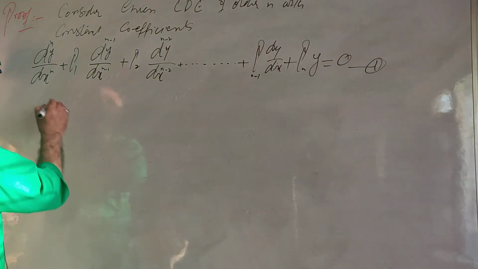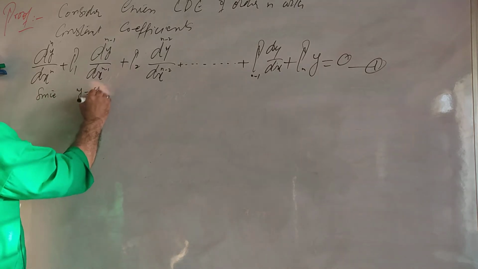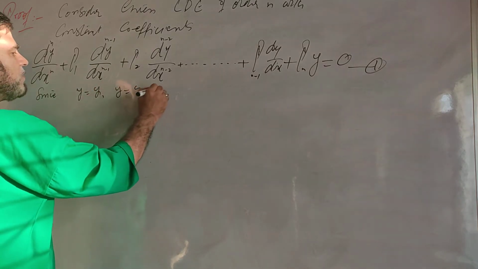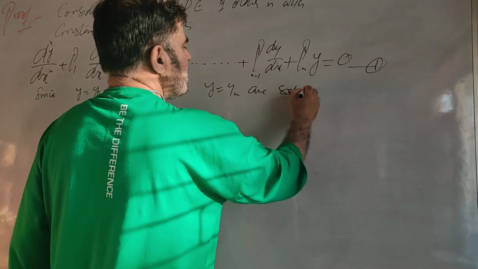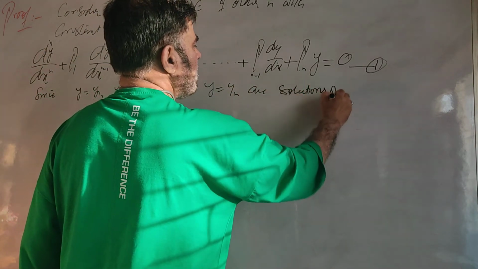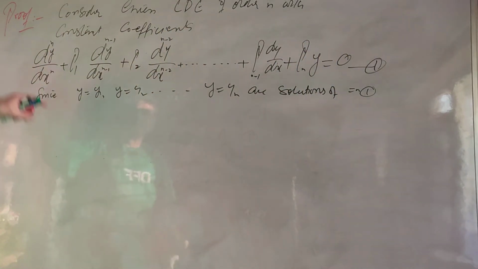Now it is given, since y is equal to y1, y is equal to y2, y is equal to yn are solutions of equation number 1, they will satisfy it.